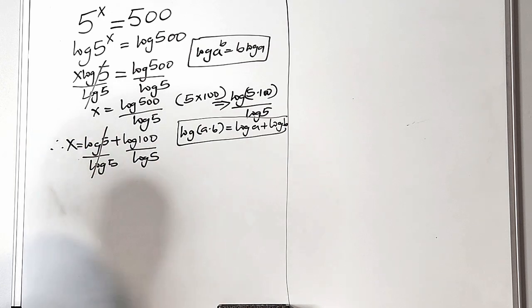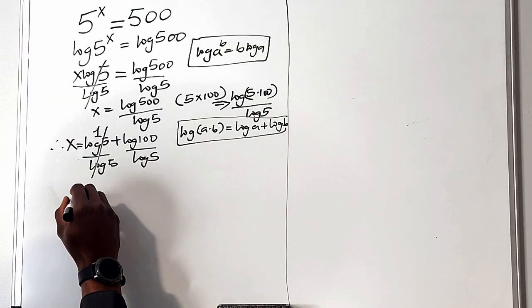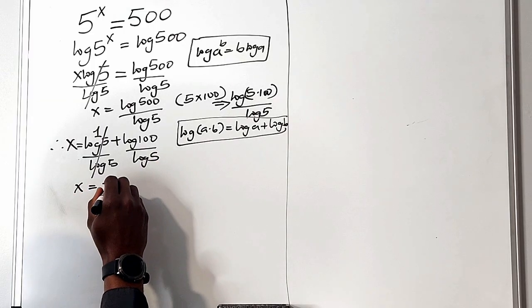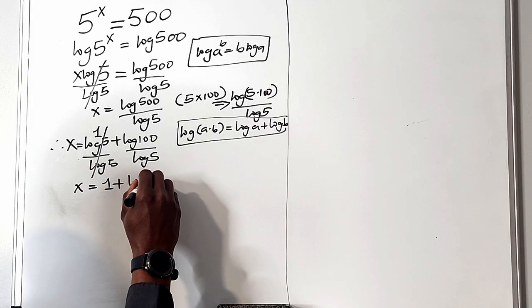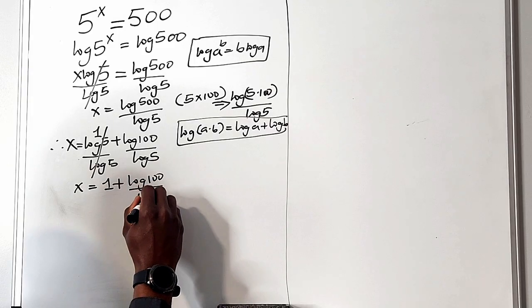This cancels out to 1. So x is equal to 1 plus log 100 divided by log 5.